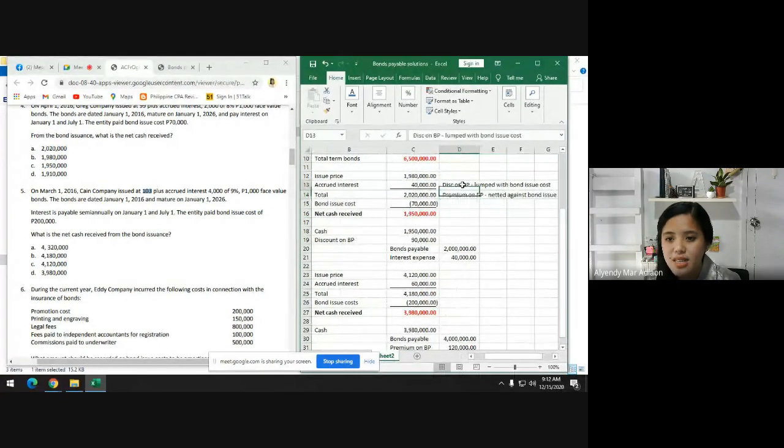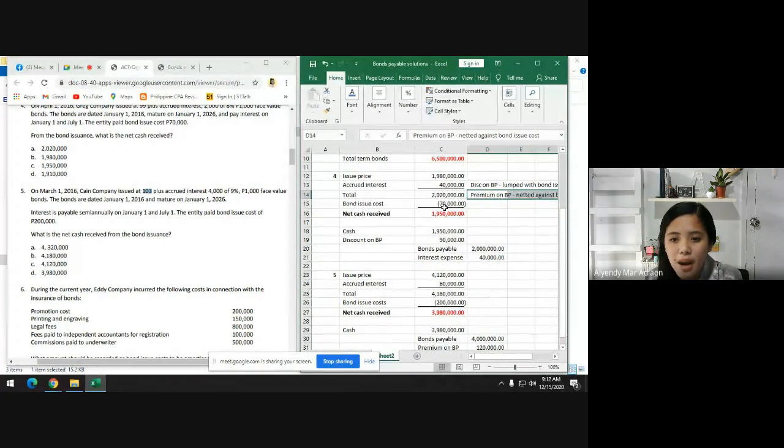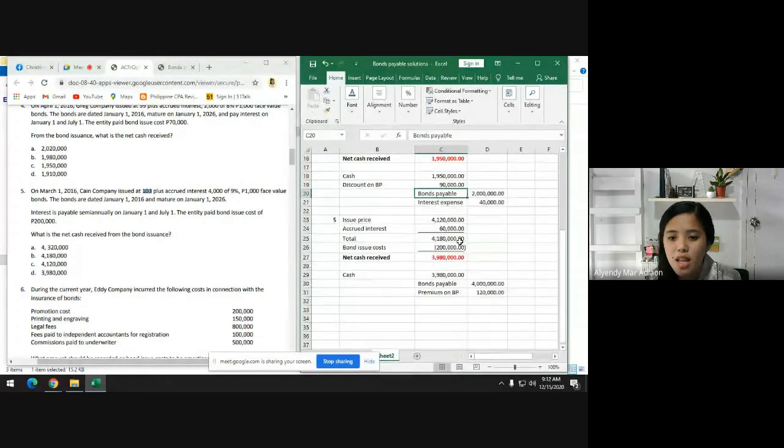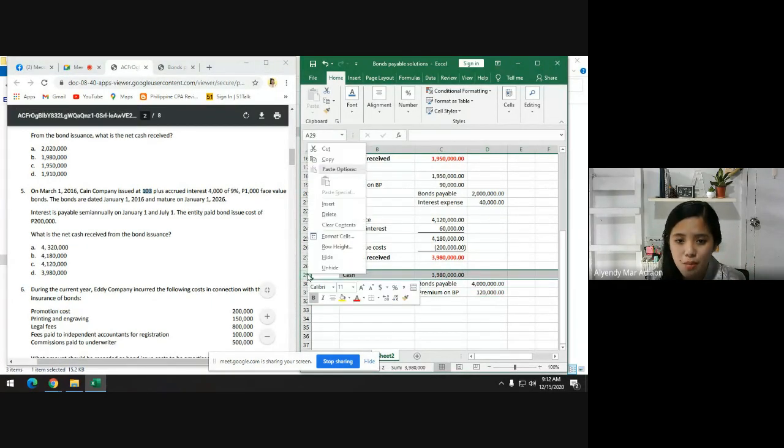If there is discount, you lump it with the bond issue cost. But if there is premium, they are netted against the bond issue cost. Kung kaganiha, ang bond issue cost nga 70,000, gidungag nato, gi-plus nato sa discount on bonds payable, karon ang bond issue cost nga 200,000, atuan na siyang i-deduct sa premium on bonds payable.